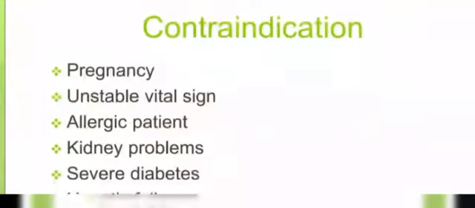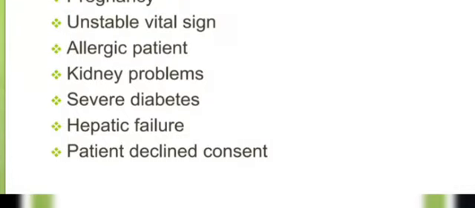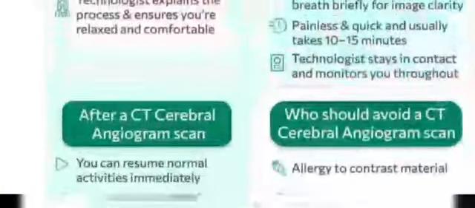What is a contraindication? That is, when it should not be done. The contraindications are pregnancy, unstable vital signs, allergic patient, kidney problem, severe diabetes, hepatic failure, and the patient's delayed consent. In all these cases we will not do cerebral angiography.